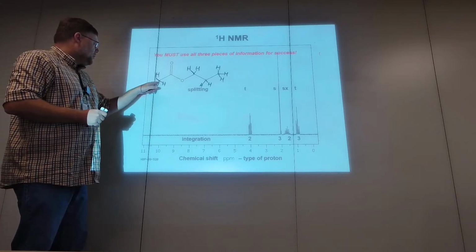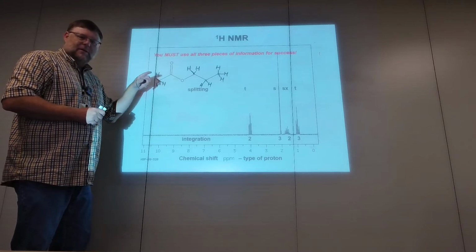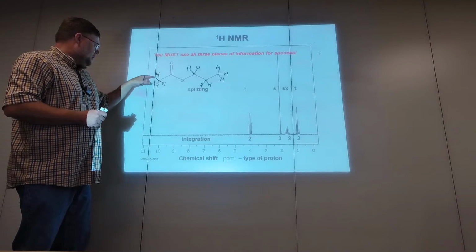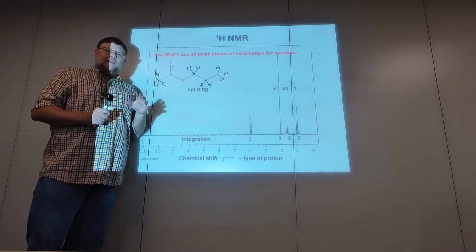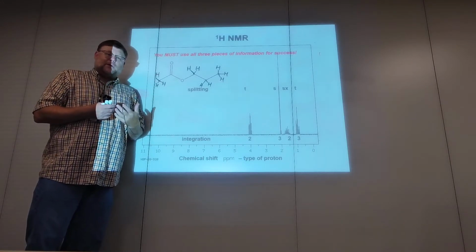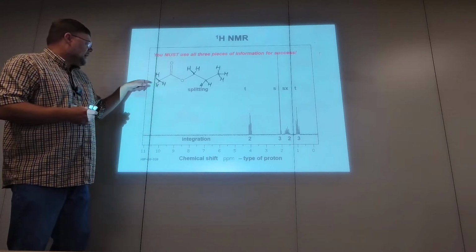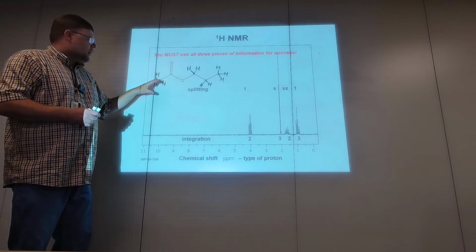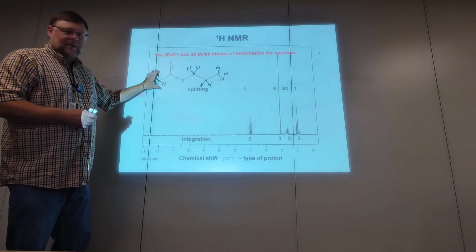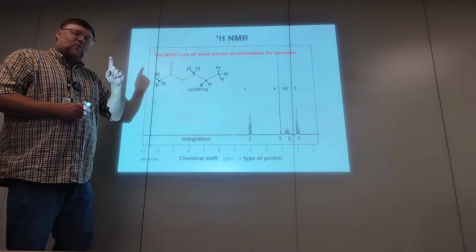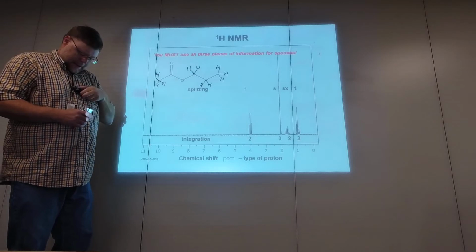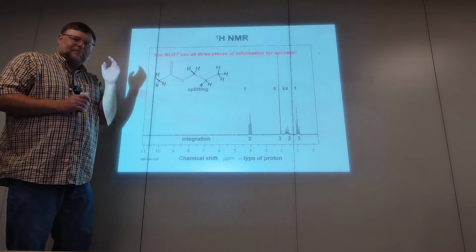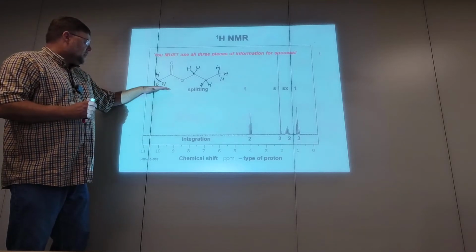So these 2 protons are within 3 sigma bonds of each other, as are these 2 and these 2. But they're magnetically equivalent, right? If I replace one of these H's, I get the same compound if I replace any of the 3. So these protons being magnetically equivalent means they give one signal, and they can't couple to themselves. Their signal will overlap. Okay, so one signal here.